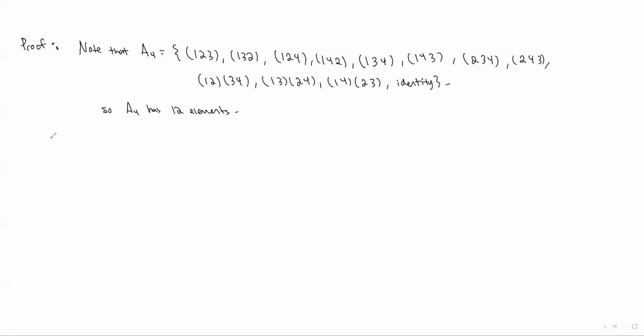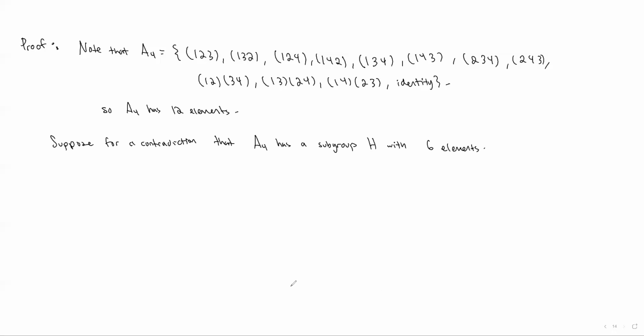Now, suppose for a contradiction that A4 has a subgroup H with 6 elements.